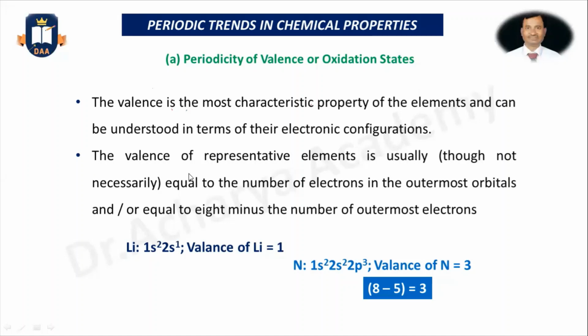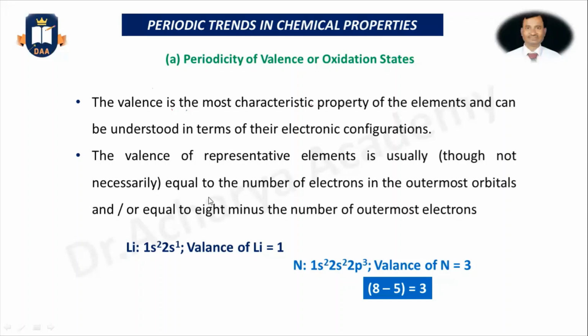The valence of representative elements, just now you have seen the representative elements of different groups. So the valence of these representative elements is usually equal to the number of electrons in the outermost orbitals, or equal to 8 minus the number of outermost electrons.